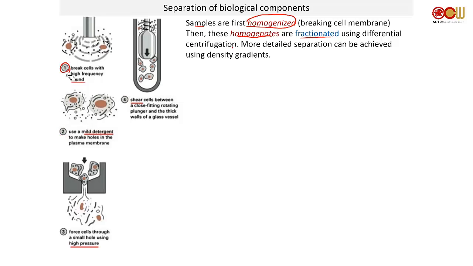The first one is called a sonicator. It's a metal rod that vibrates super fast, and the high frequency sound from the vibration just breaks your cell open.